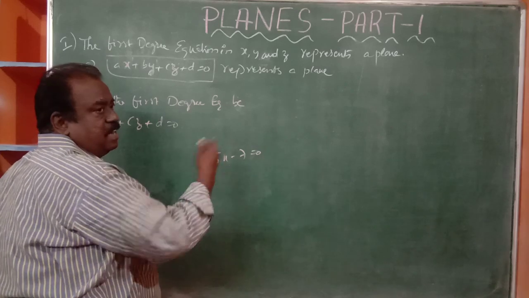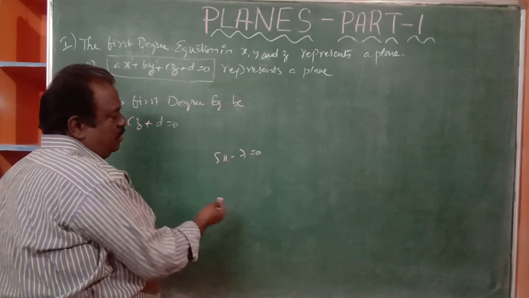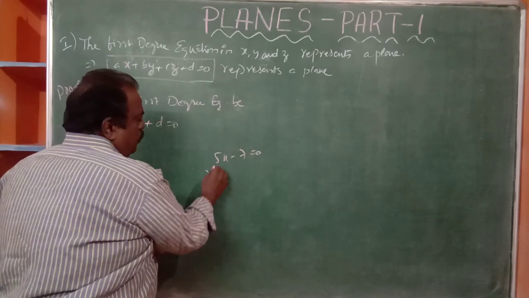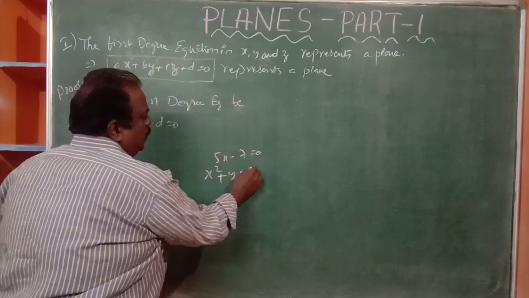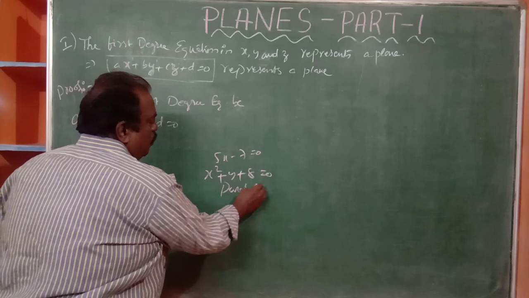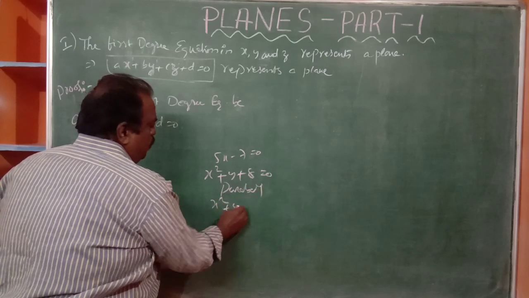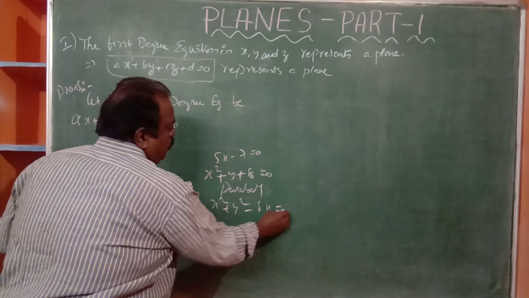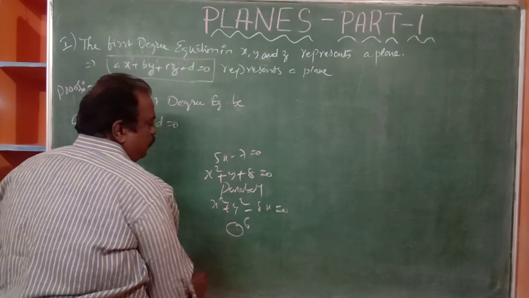It is a line at a distance on the x-axis, parallel to the y-axis. Suppose x square plus y plus 8 is equal to 0, it is a parabola. Or x square plus y square minus 8x is equal to 0, it is a circle.